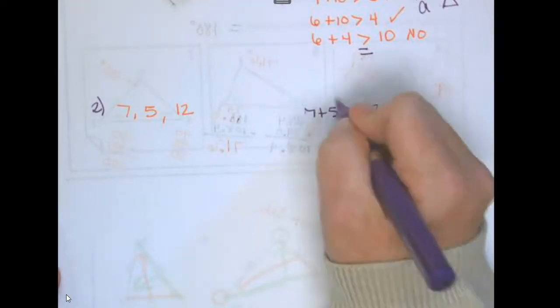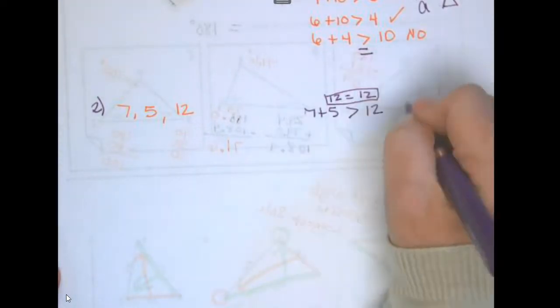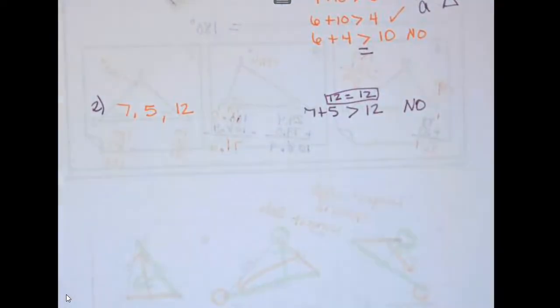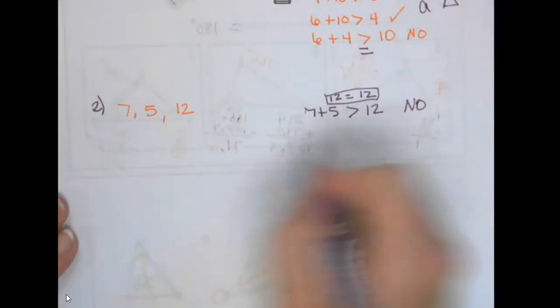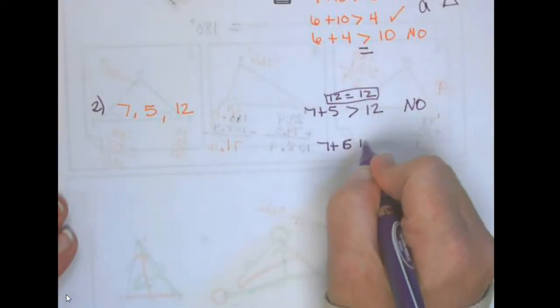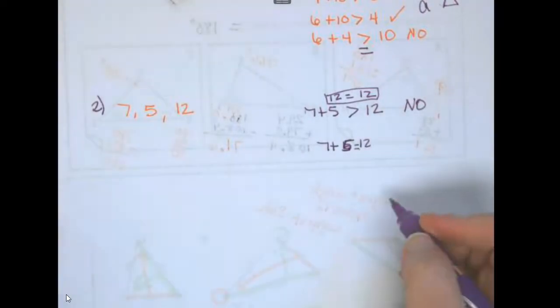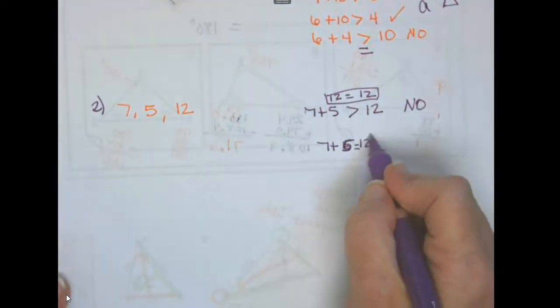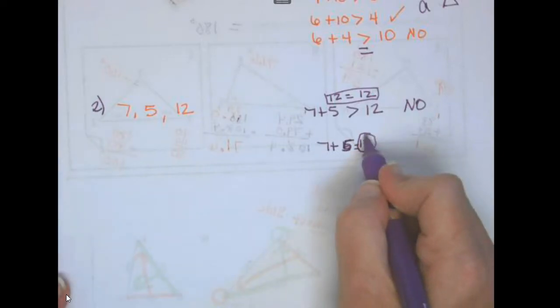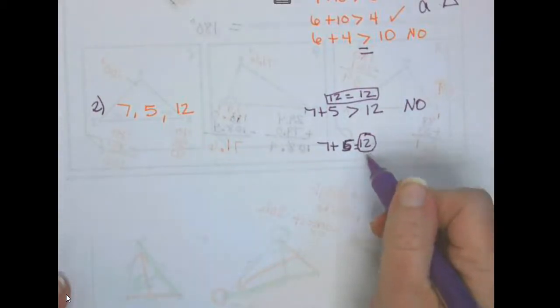No, it's not a triangle. 12 is equal to 12, so this is a no. Looking at this, 7 plus 5 is 12. For this to be true, what does this number have to be? No, it cannot be higher than 12. Lower than 12.